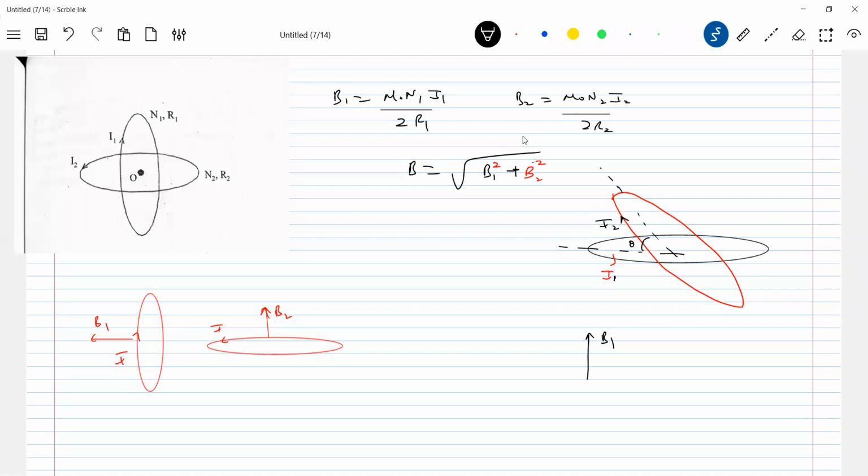Now, what about due to I2? It will be like this, B2. I'll use the same symbols, it'll be easy for you. This is B2, and this is B1.